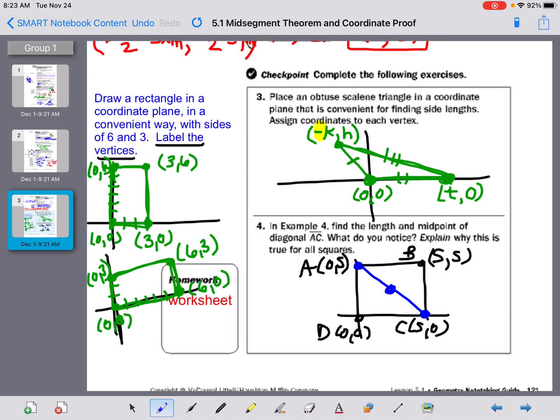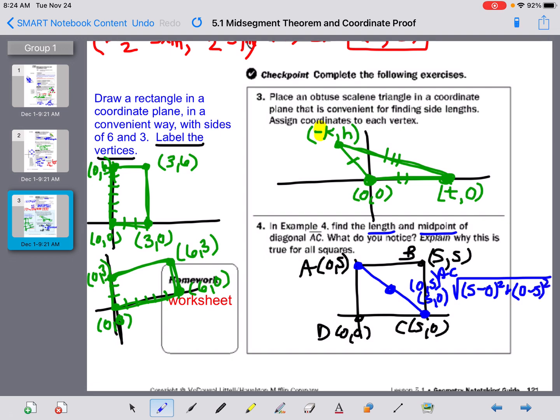Remember, it says length as well as midpoint, right? So we're going to do the same thing we did above, but with different points. I'm going to do AC with the square root, and my points are (0, S) and (S, 0). I subtract those x's, (S minus 0) squared, and those y's, (0 minus S) squared.